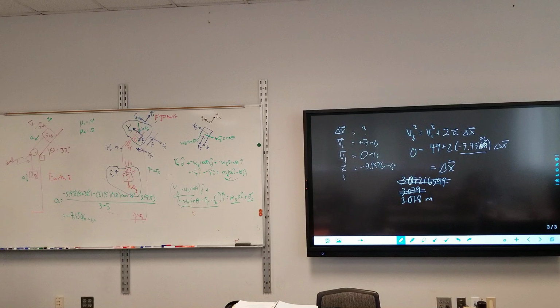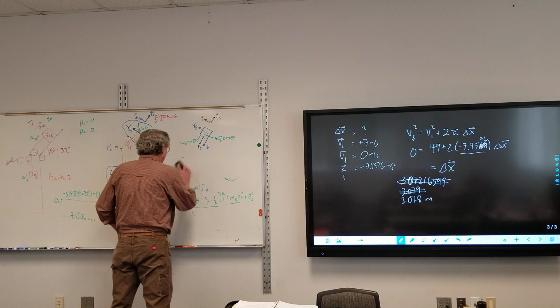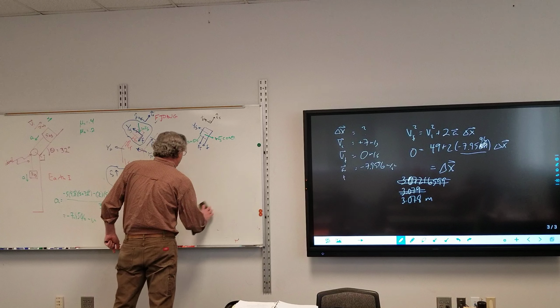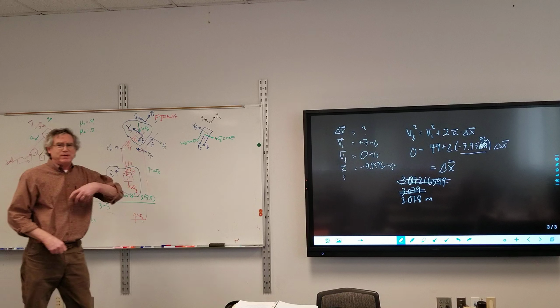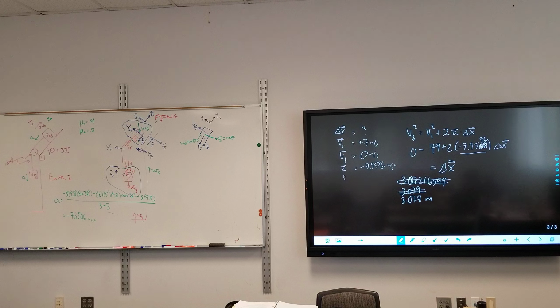All right, so we have how far it's going to go up the ramp, answered that part. Any questions up to there before we talk about whether it's going to come back down? Then let's talk about it coming back down. For the return journey, once it gets up and stops and then flips around and wants to come back down, what changes in our force diagram?